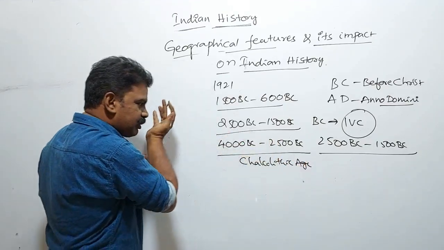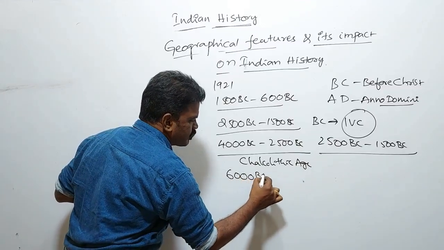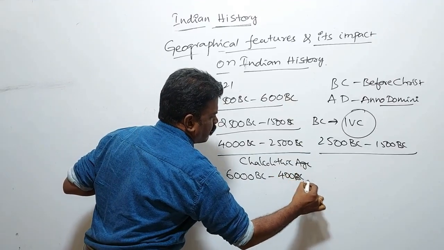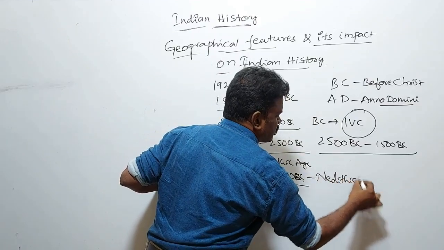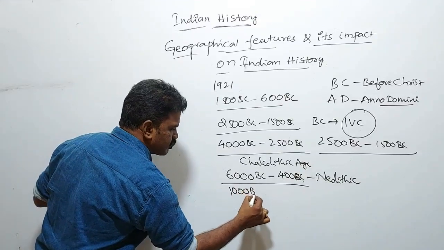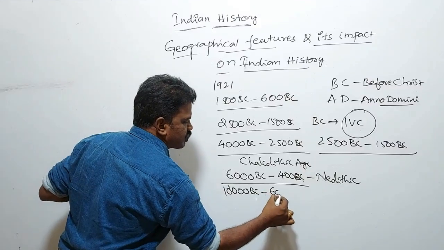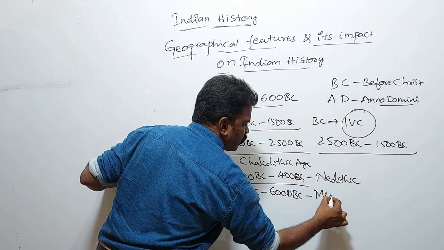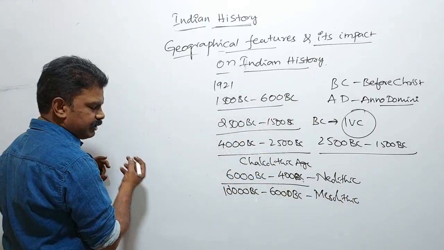Going back again, 6000 BC to 4000 BC is the Neolithic age. Next, 10,000 BC to 6000 BC was the Mesolithic.